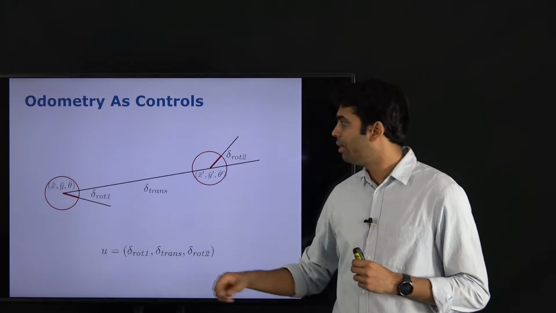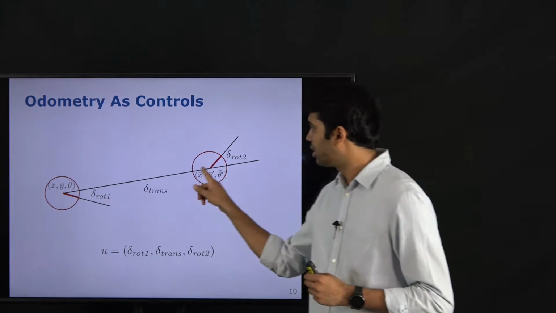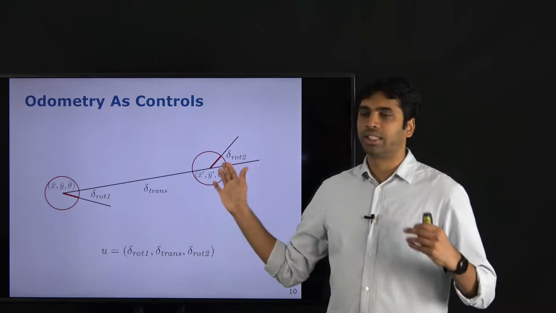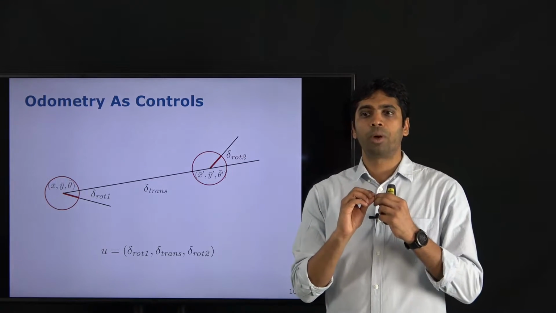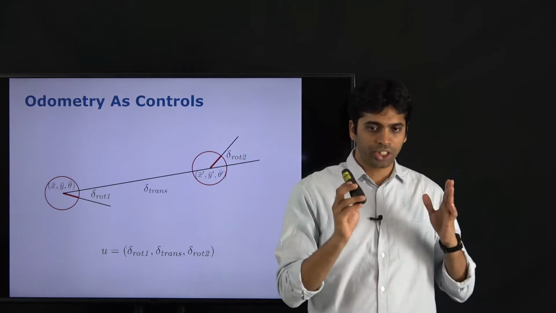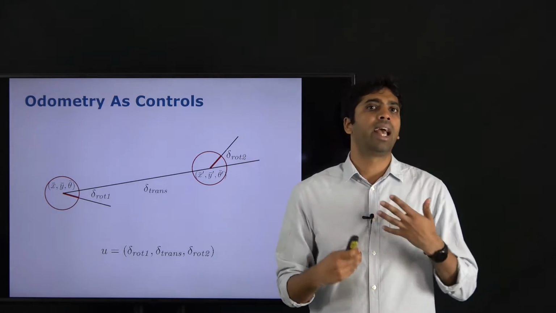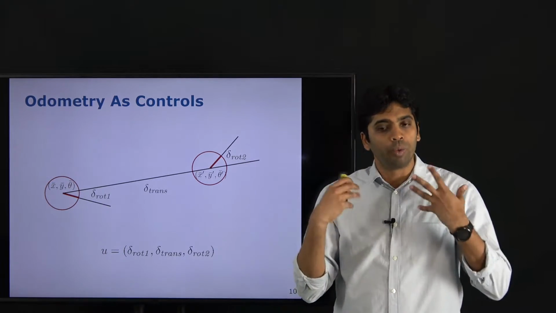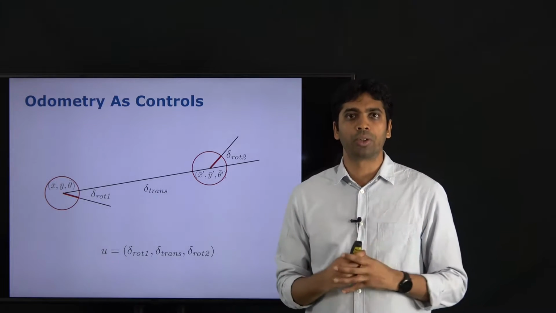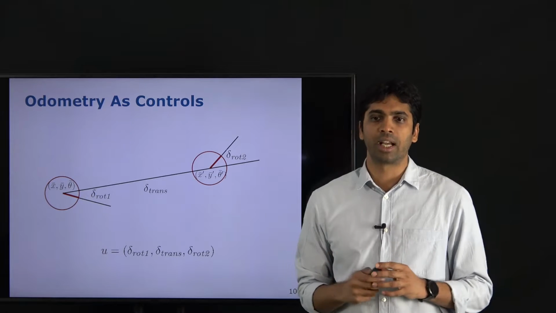And these three parameters are basically a delta rotation 1, a delta translation and a delta rotation 2. So what this essentially says is that the robot motion between any two points can be described by one rotation, one translation and another rotation. So this is how we express the odometry controls. Right, so this is the model that we'll use for this particular example.